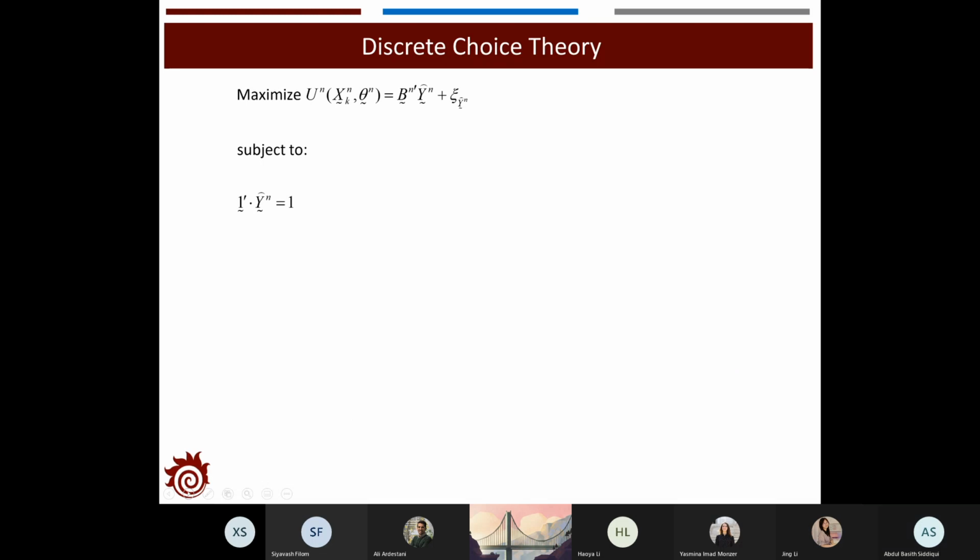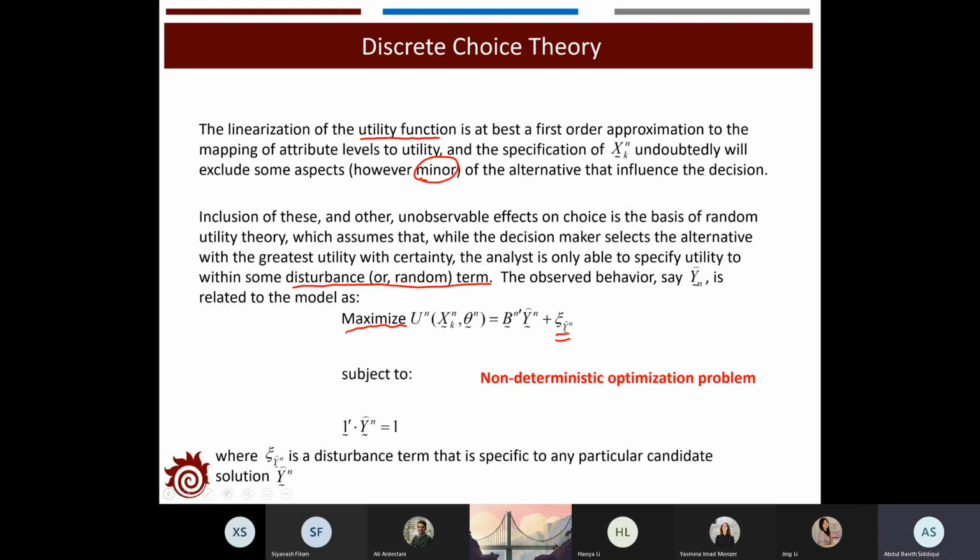Excuse me, Professor. Yes. Can you please go back to the previous slide? Yeah. In this, you say that we'll exclude some aspects. So basically, only continuous variables can be included in this linear model? Not really. It could be some categorical variables. It could be considered as binary variables. I believe you're talking about those variables that could be applied for capital X, right? Yes. So it could be continuous. It could be discrete. Both of them are possible.